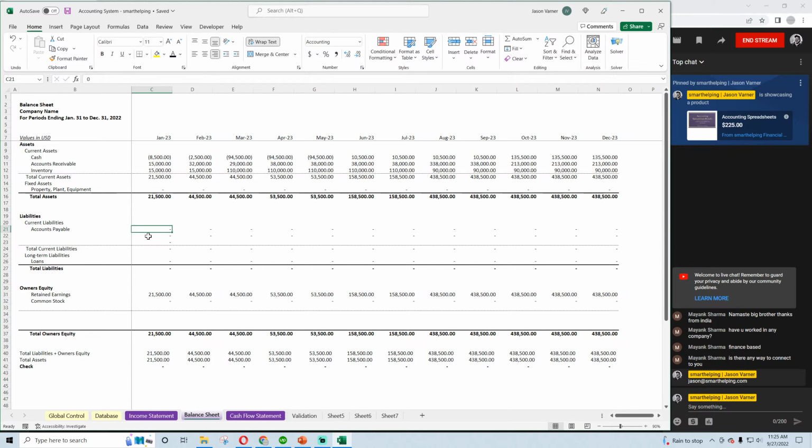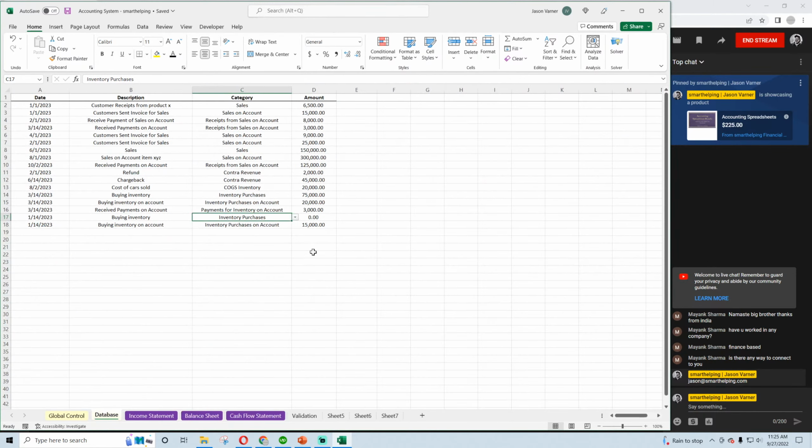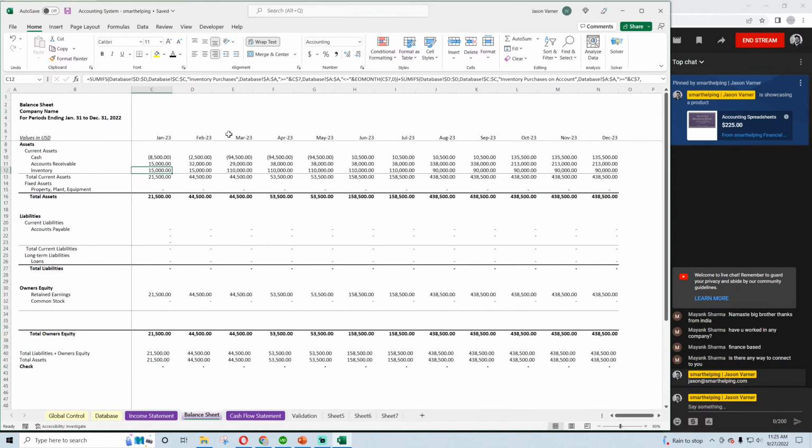But then what's the offset? Right, so inventory goes up, liabilities go up. What am I missing here? Because we haven't paid some of this inventory. Let's say we're paying this later, so this is on account. We owe this. Our payables are now rising. Well, let's put the entry in here and then think through it.